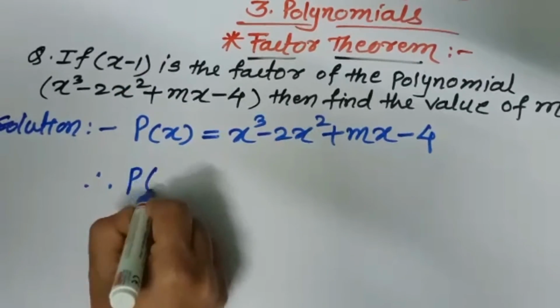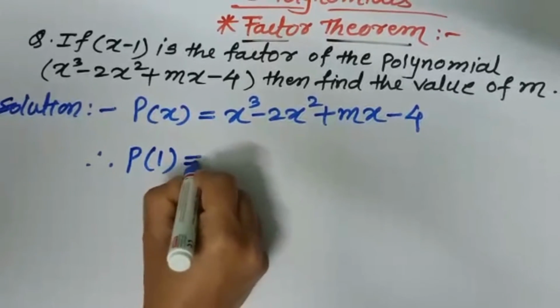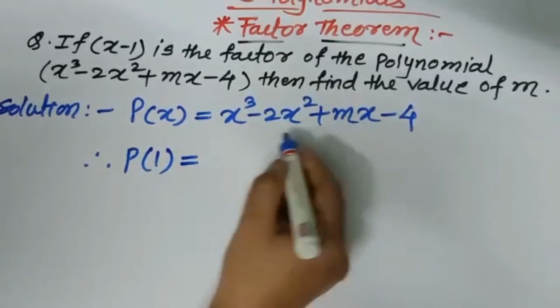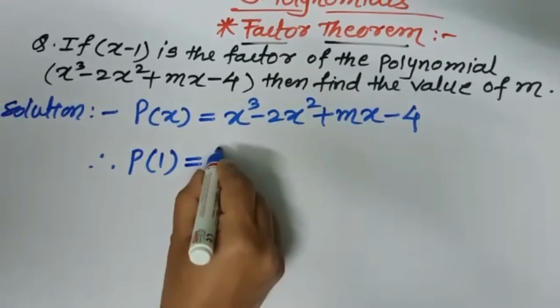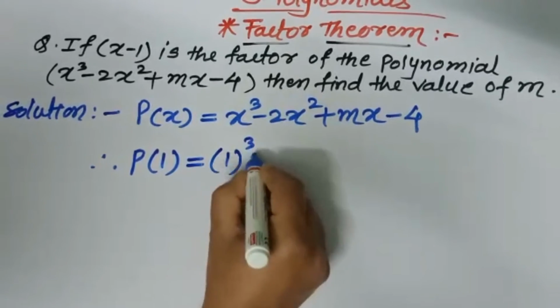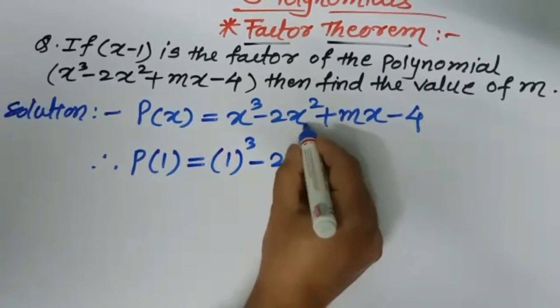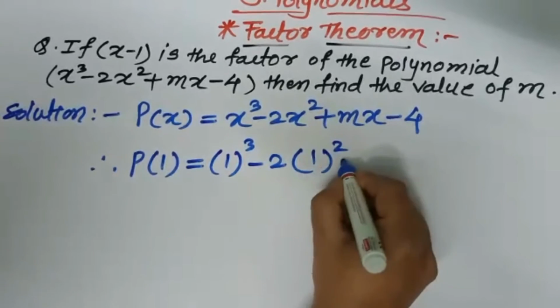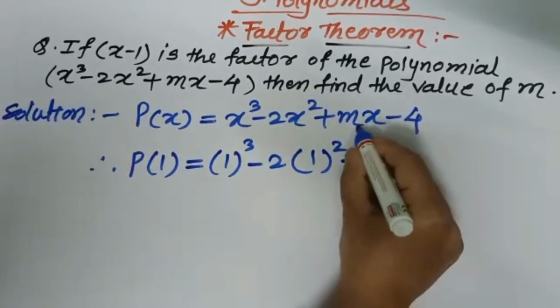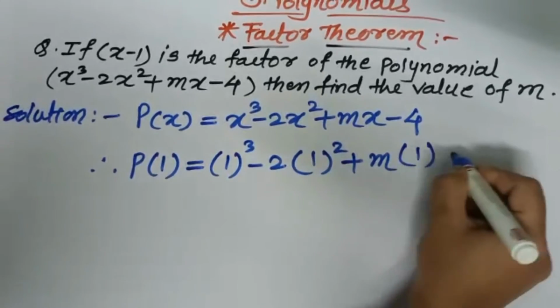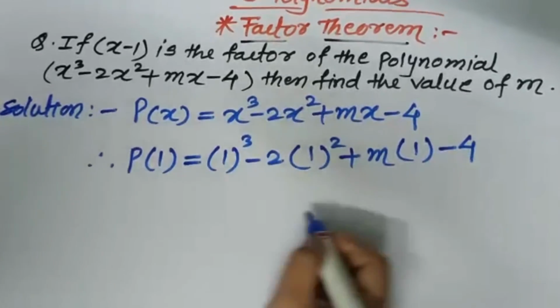So its opposite number is plus 1. So p of 1 is equal to, wherever x is there, we will replace that x by 1. So write here 1 cube minus 2 times 1 square, plus m multiplied by 1, minus 4. Okay.